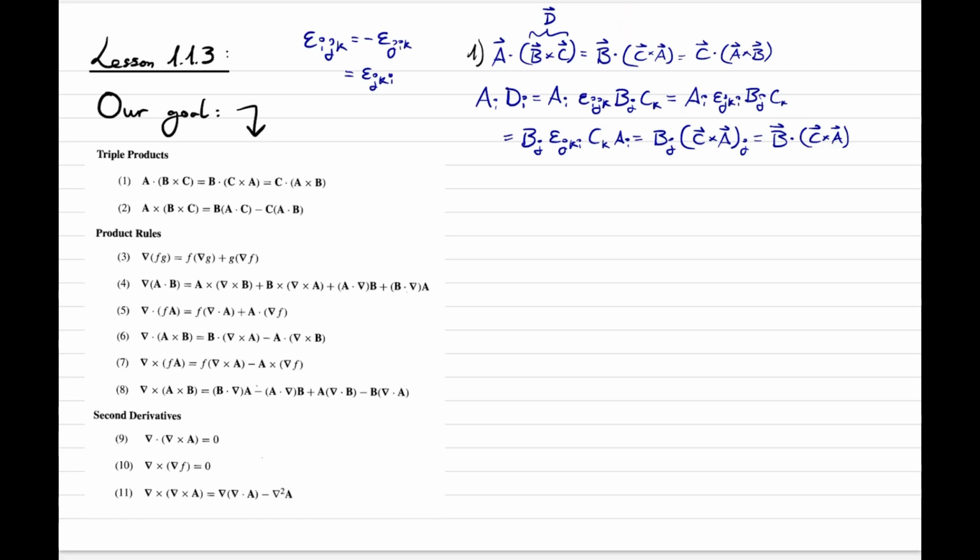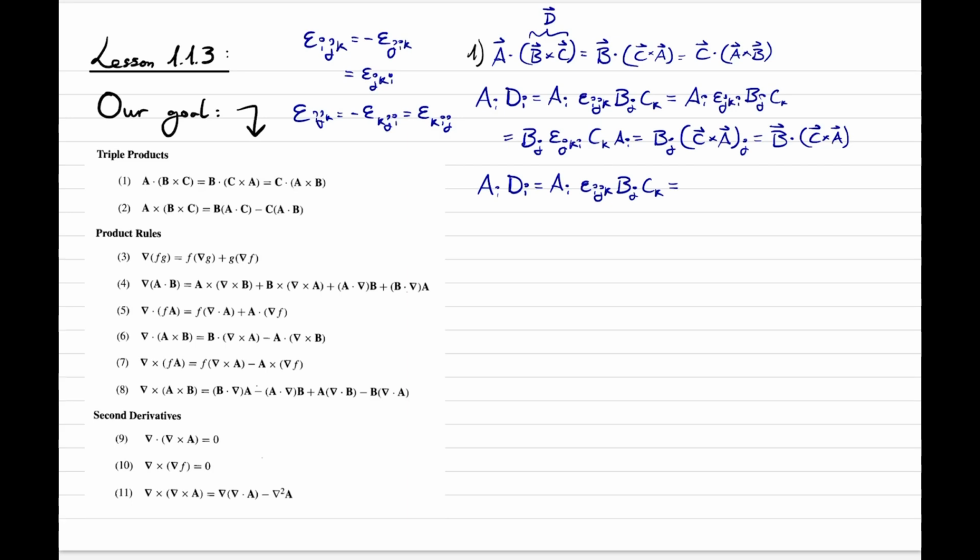We are going to move now to the last one, which is simply that I'm going to copy this. Now we can interchange, for example, the k index by the i index, and now we are going to interchange the j index by the i index. So two minus signs appear, but they cancel.